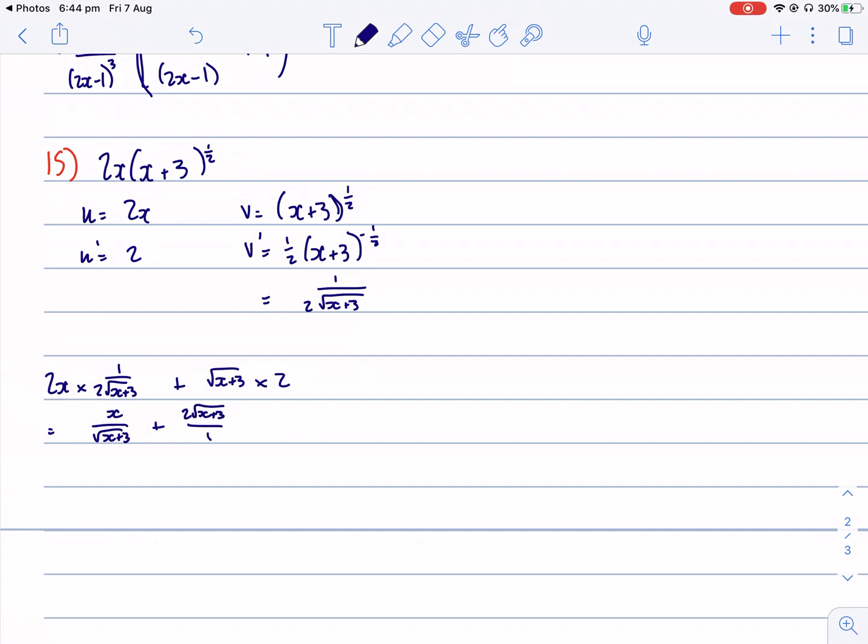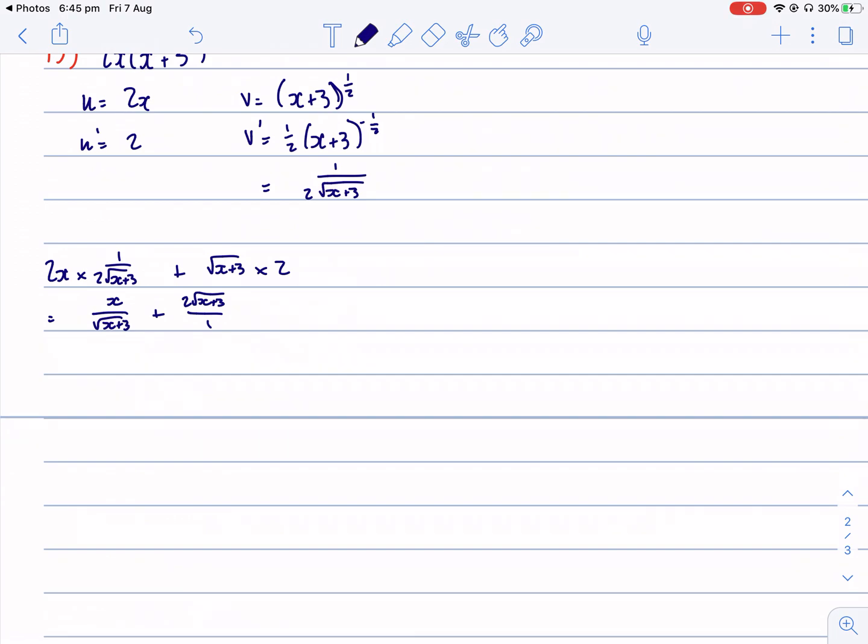That's just over 1, which means common denominator, cross multiply, we've got 2x plus 2, root x plus 3 times root x plus 3. And this whole thing's on root x plus 3, which means we've got 2x plus 2, lots of just x plus 3, which means we've got 4x plus 6 over root x plus 3.